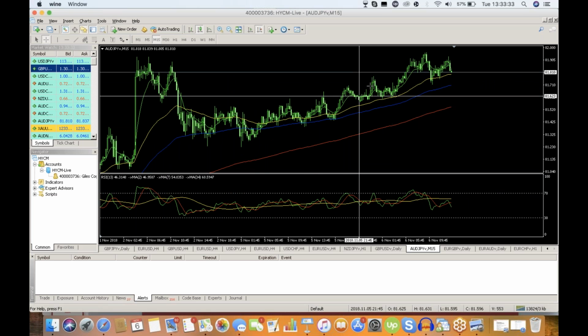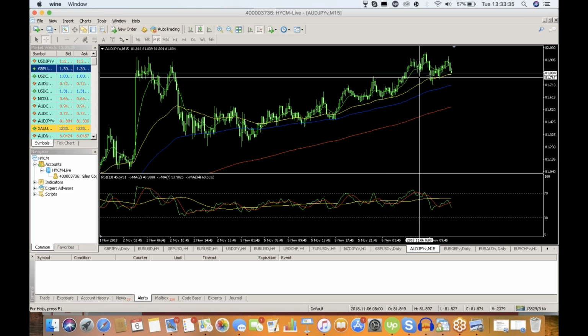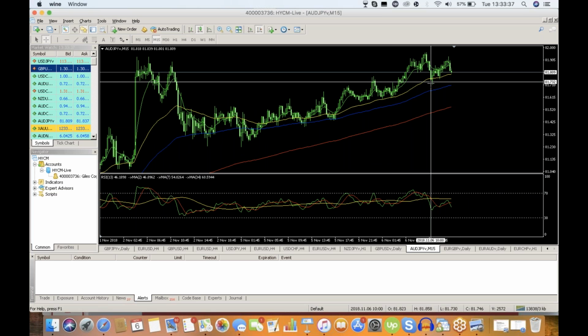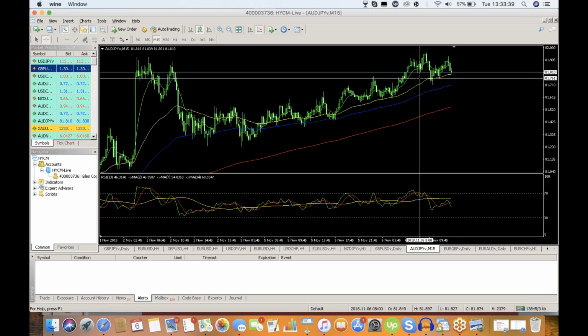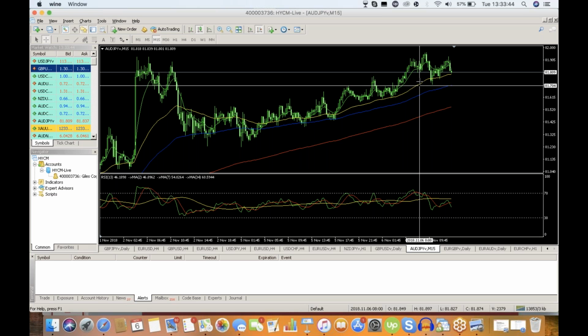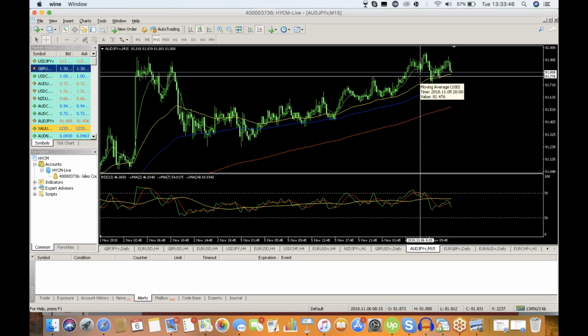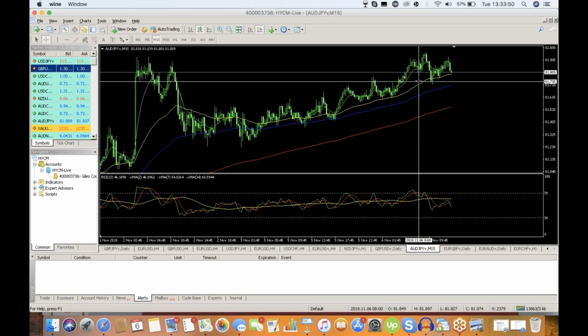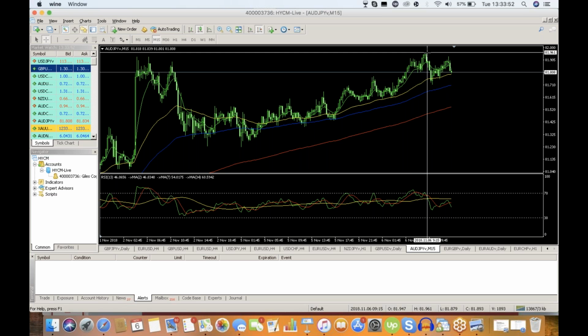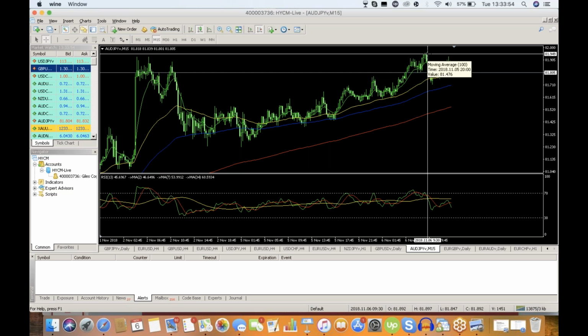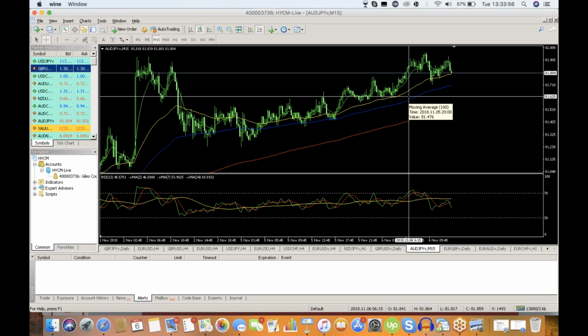You can wait for price to return to the moving average like it did here, and then say, okay, I'm going to enter once price closes above the 5 moving average, enter 5 pips above, stop 5 pips below, and aim for 10, 15, 20 points. Okay, that's one way of doing it.